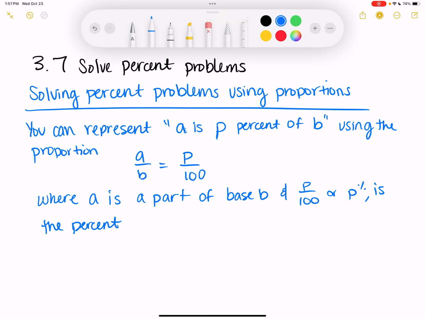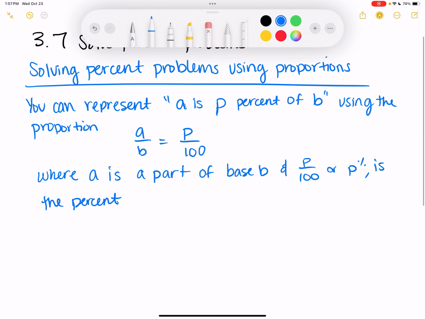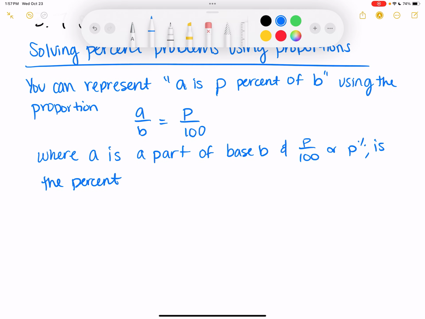So obviously this is a proportion, but oftentimes instead of writing it this way when we go to actually do problems, if I'm trying to find the percent and it's like, A is what percent of B, then I'm dividing A over B, and then I ultimately have to multiply it by 100 because A divided by B is going to give me a decimal and I need to turn it into a percent.